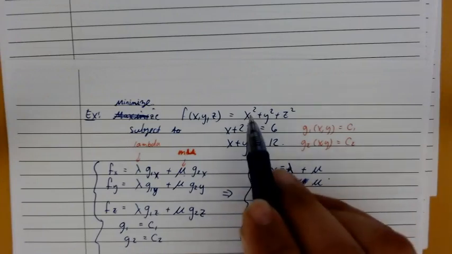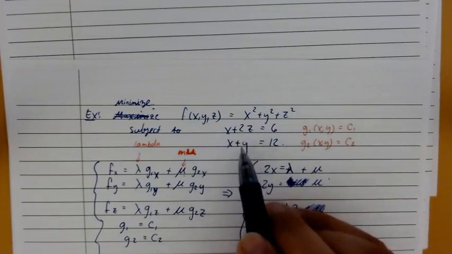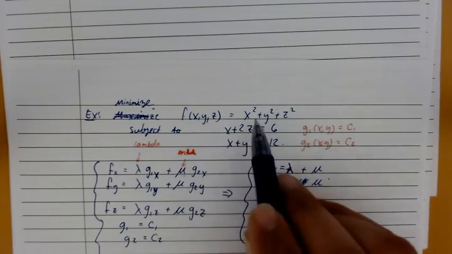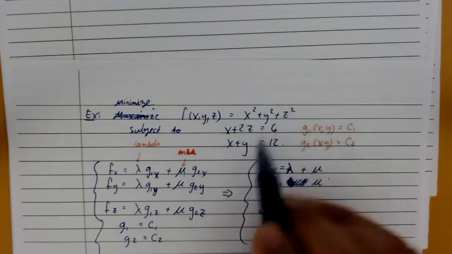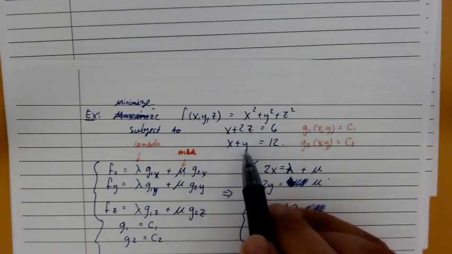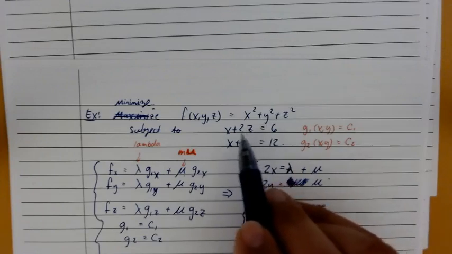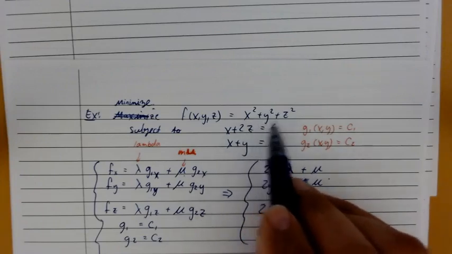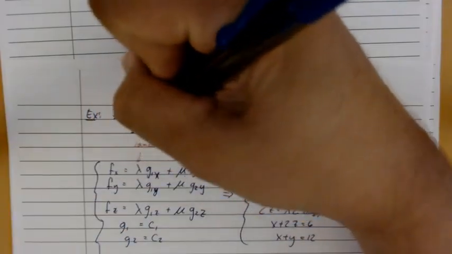But since you're squaring these, if I can make this a huge positive number and this a slightly less huge negative number, then they're both going to be positive when you square them, so this will grow without bounds. I can also find a z that'll make that work. Some will be positive, some negative, but all of them become positive when I square them. So this doesn't have a maximum.